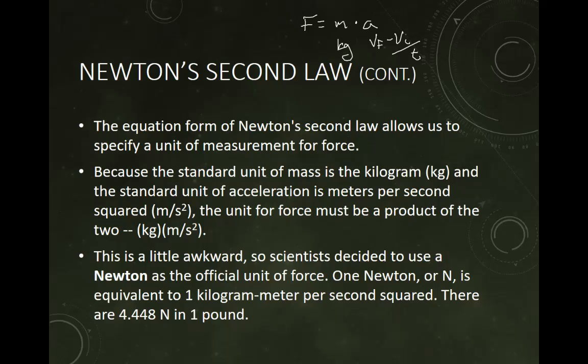So if we look at these units, velocity is in meters per second minus meters per second, all over seconds. So we're looking at kilogram meter per second squared. And that's our unit, that's going to be a kg·m/s². Okay. So that's our unit that we start looking at.